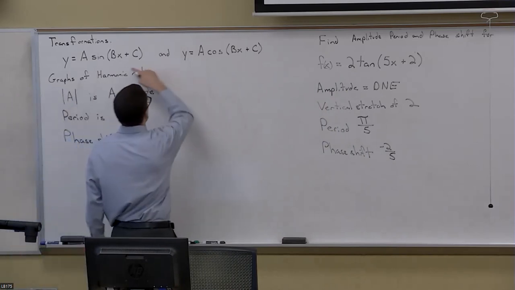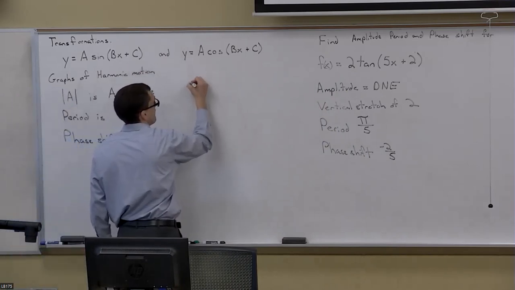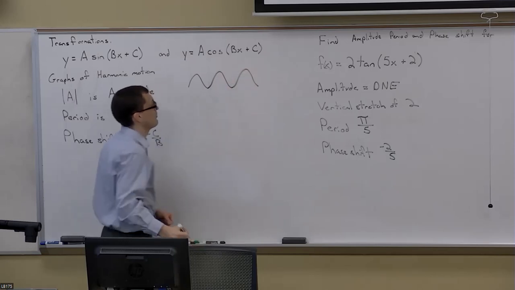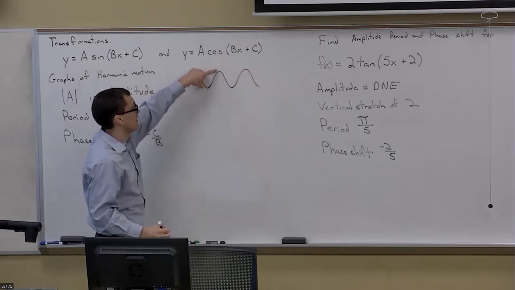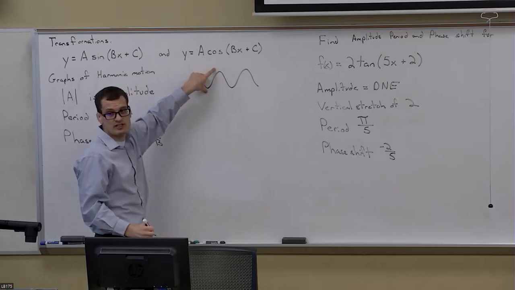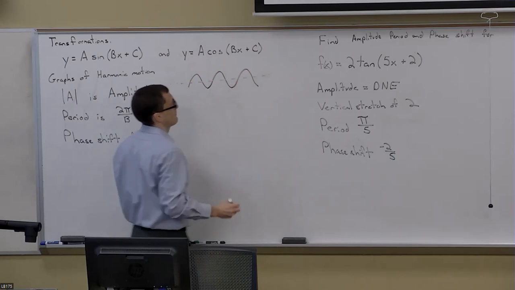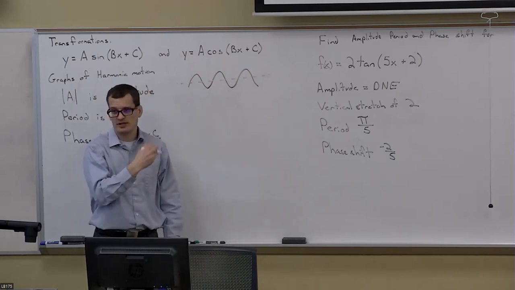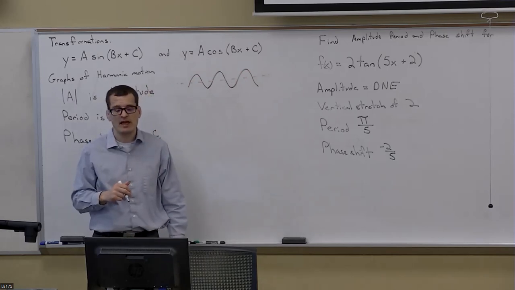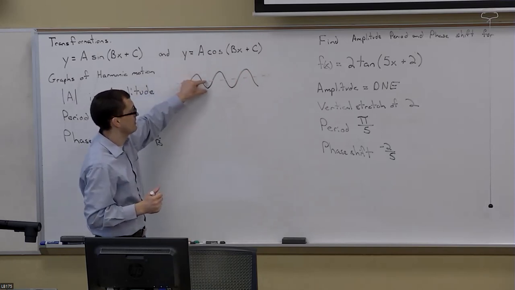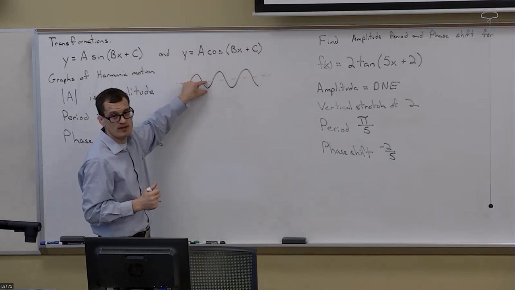We're talking about waves here, sine and cosine. And in the context of a wave, it's like how far up and how far down it can reach compared to the base level. That's why we're not doing a vertical shift, because we're always comparing it to the base level. So amplitude is how far up this wave can go, how far down this wave can go.